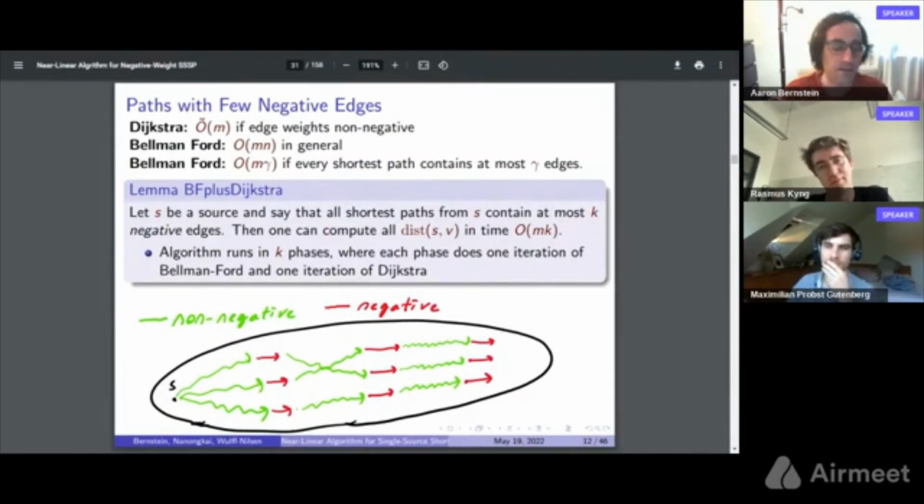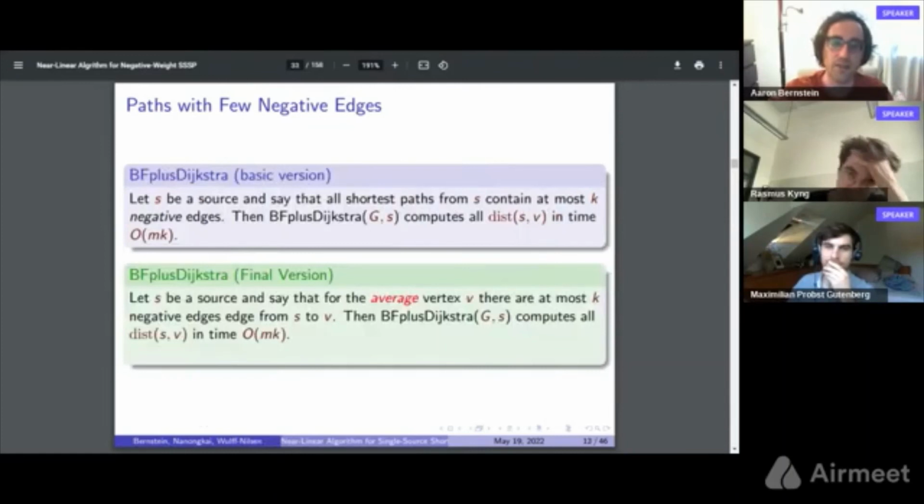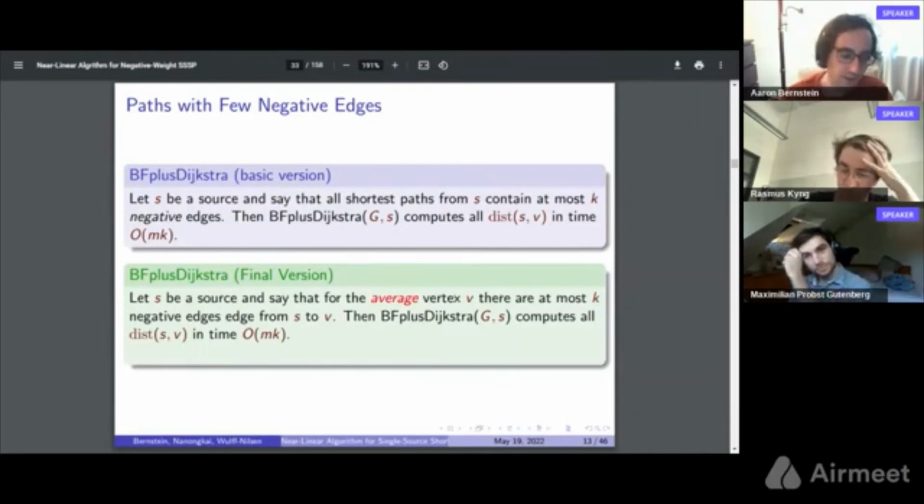And this is, by the way, why we needed constant degree. There are other ways to phrase it, so you don't need constant degree, but if you want this phrasing, you need it because we're saying that if a vertex has k of v negative edges, then it's only explored k of v times.